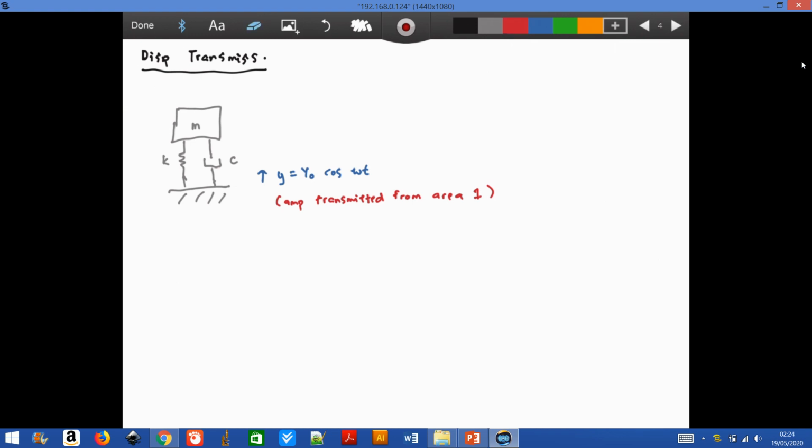Due to this amplitude, the camera will vibrate in the direction of x, x cos omega t minus phi. So the mass, this camera, will move due to the amplitude transmitted from area 1.